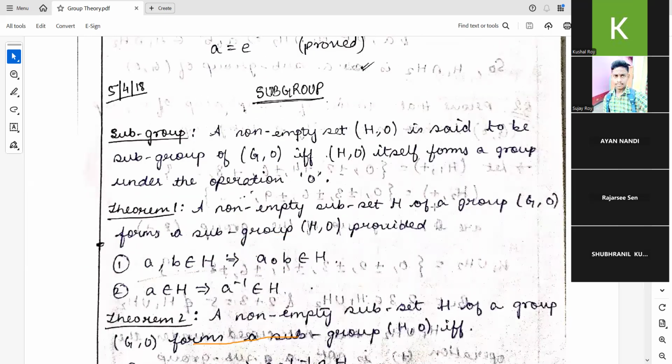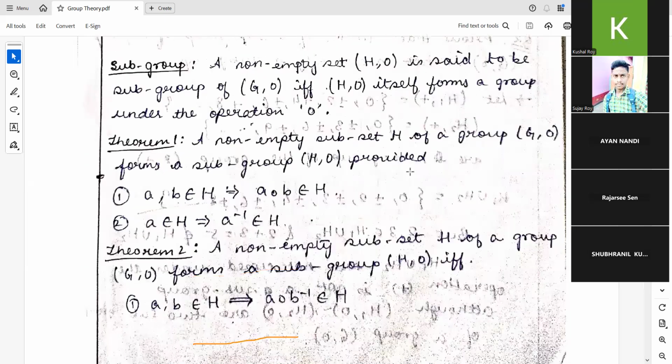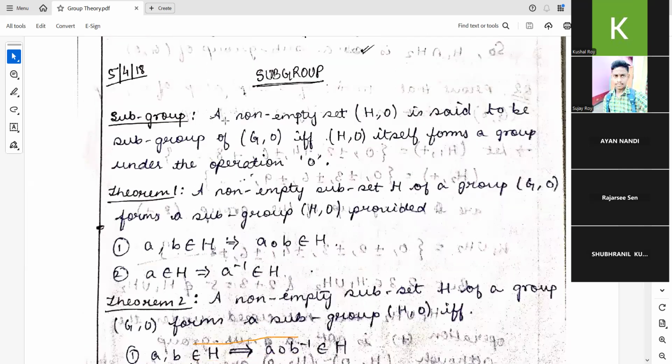Okay. So now let us come to our next portion, which is subgroup. A non-empty set H is said to be a subgroup of group G if and only if H is itself a group under the operation O. So actually, just like a subset, a subgroup is nothing but a subset of a group.